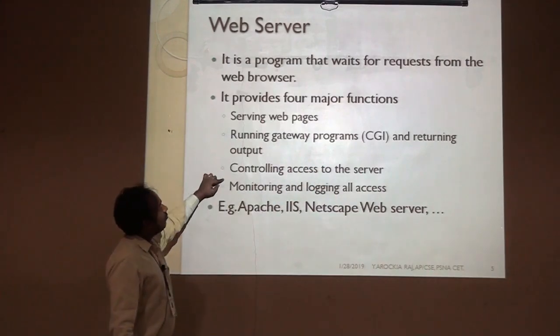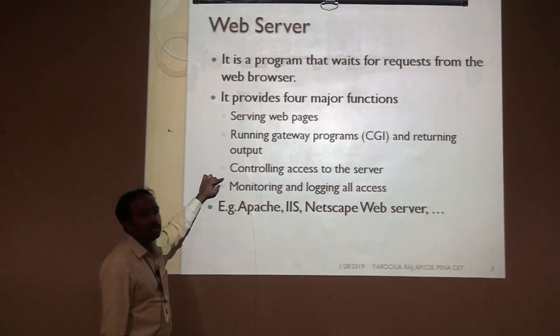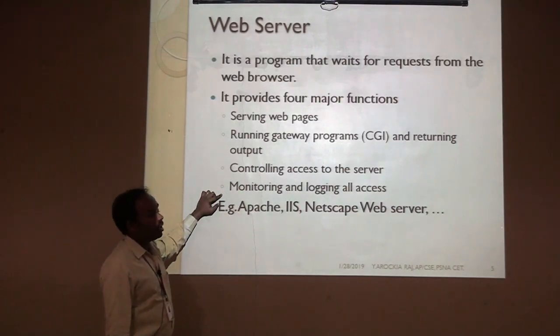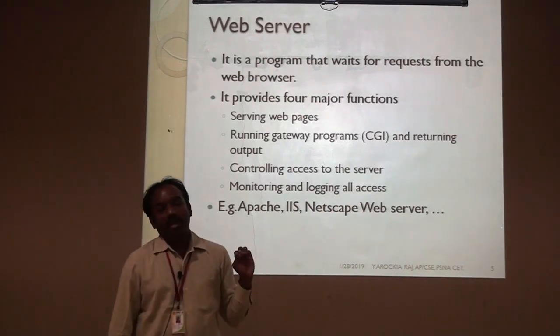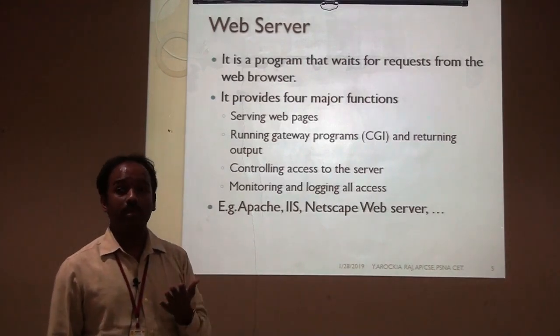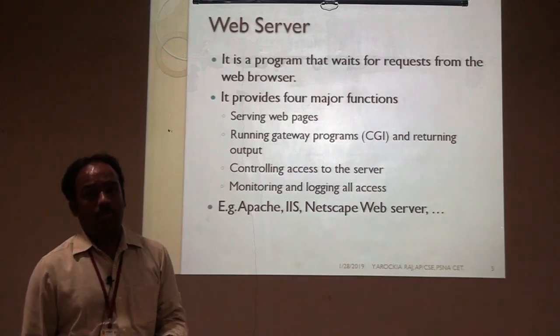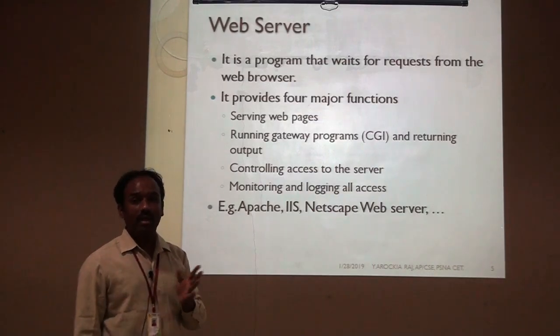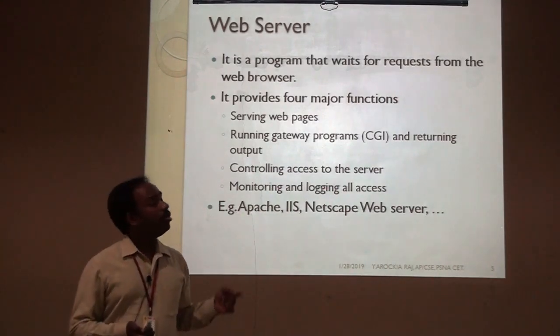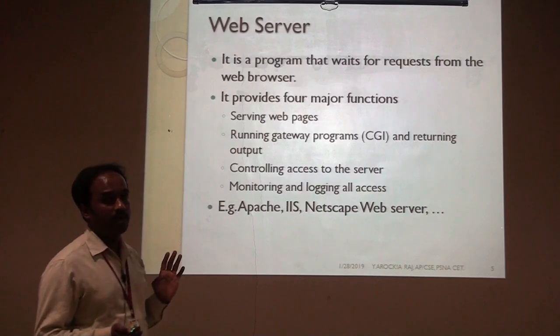Then controlling access, whether it is an authorized or unauthorized client, is handled with this. The fourth is monitoring and logging all accesses. The particular client may be an administrator or a user, so based on their need we have to provide logging access to that client. All of this can be maintained in the web server.